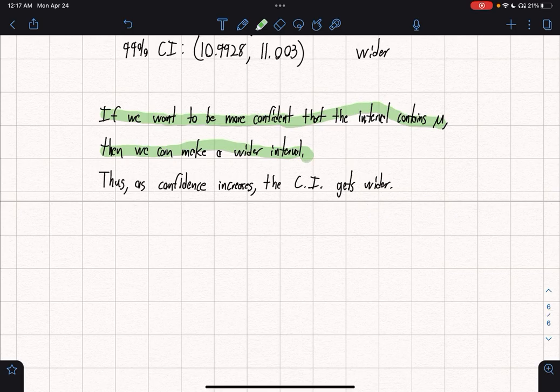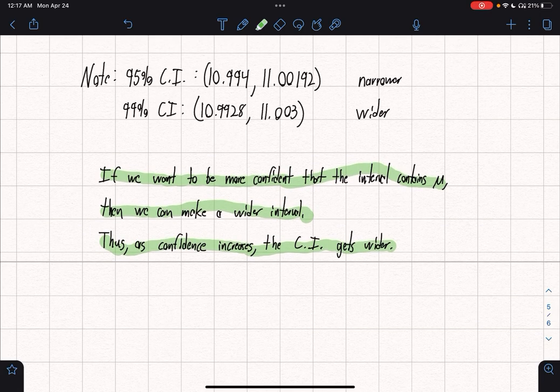The wider the interval becomes, the more likely it is that mu will be in that interval. Thus, as our confidence increases, the confidence interval will get wider. So that'll always hold true. If we're holding everything else constant, the more confident we want to be, the wider the interval will become.